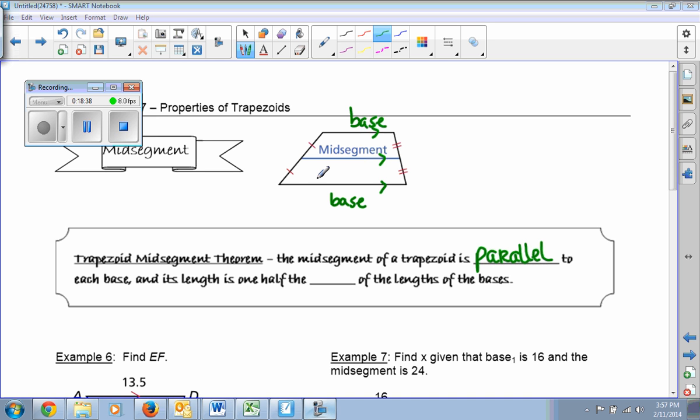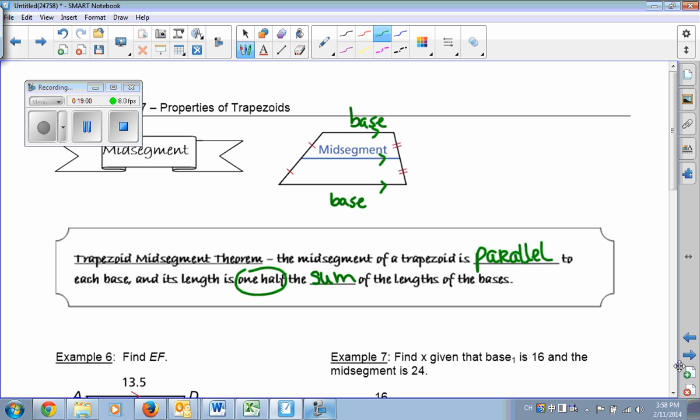Add them together. So we have to find the, what's another word for adding them all together? Finding the sum. So we have to find the sum of the lengths of the bases. So add the top and the bottom, and then take half of it, right? Add them together, divide by 2.